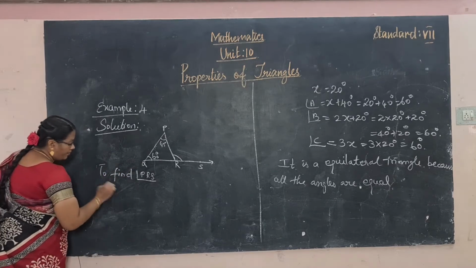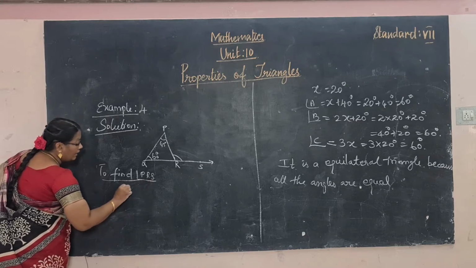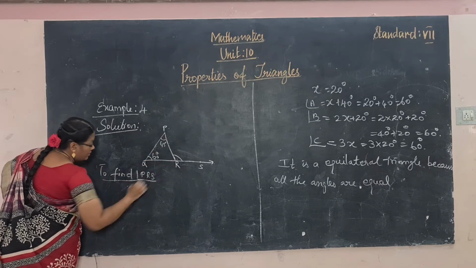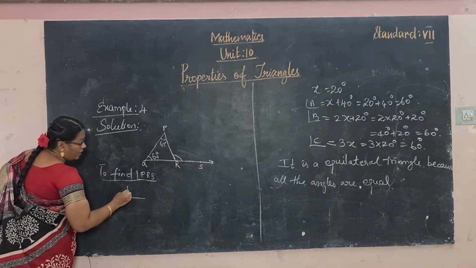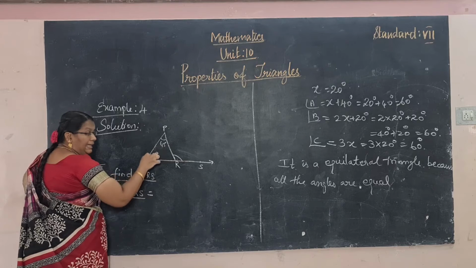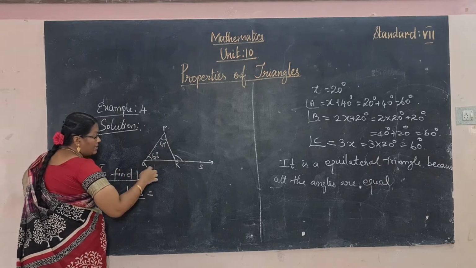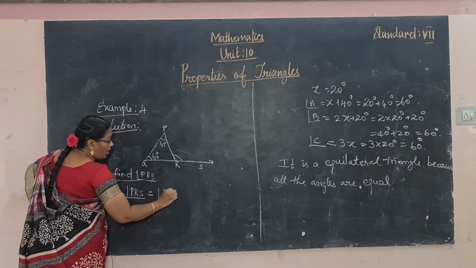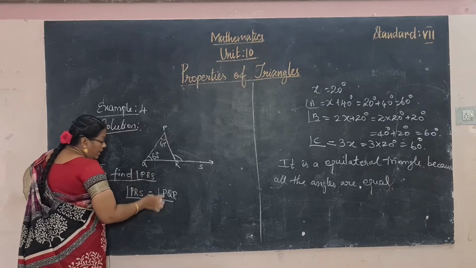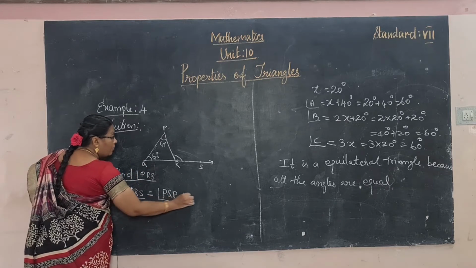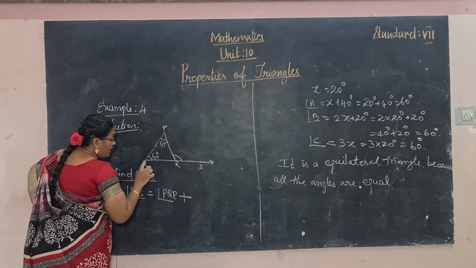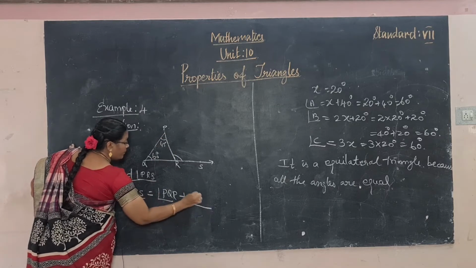Okay, so see the angles. Using the exterior angle property, I write the exterior angle PRS equal to the sum of the interior opposite angles. What are the interior angles here? Angle PQR. This is the angle; the angle should be written with the vertex in the center. PQR plus the other interior opposite angle, which is QPR.